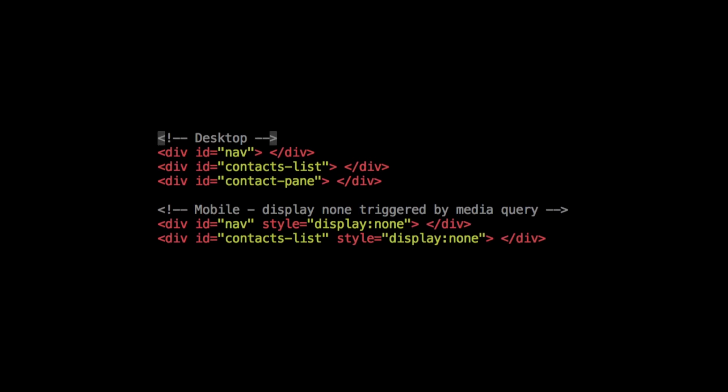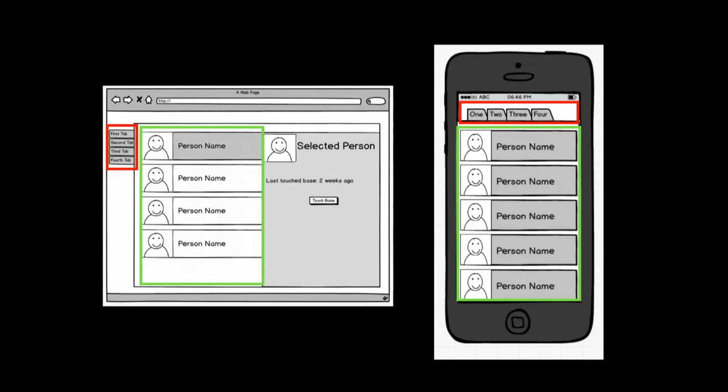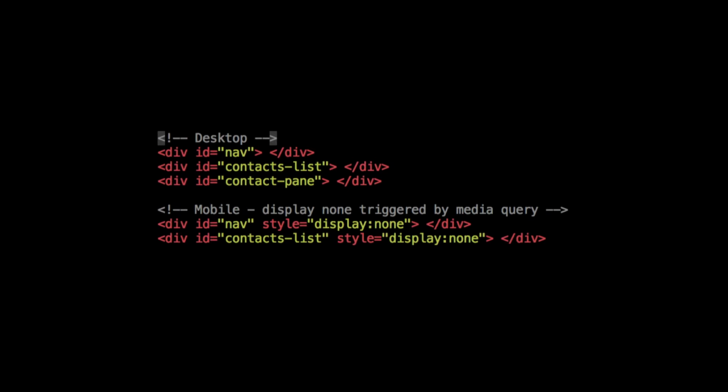When I say contacts pane, I just mean that contact that was being shown on the desktop to the right here, that selected person. And we might either display none the entire mobile layout until we pass some breakpoint at which we start displaying it block or whatever we want to do. Or we might just display none that one piece that we know isn't showing up and otherwise hope for the best. This actually faces the same problems, though.